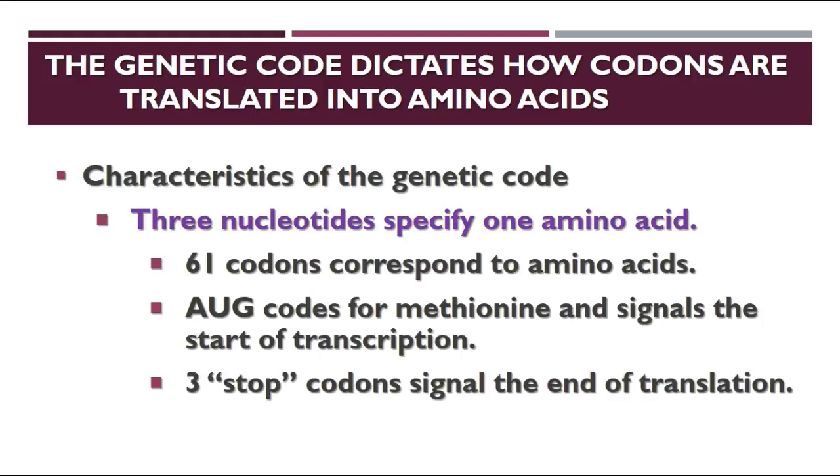The codon AUG in the messenger RNA codes for the amino acid methionine, and it also signals the start of transcription. And then there are 3 different stop codons that act like periods at the end of sentences.